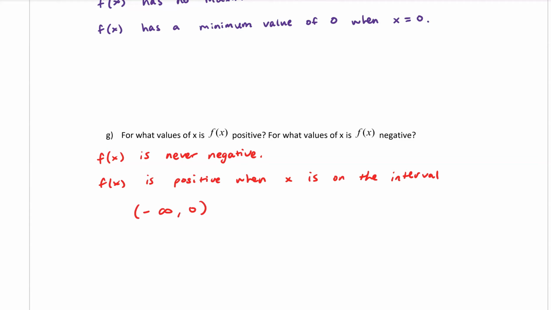And because I have a parenthesis here, that indicates that we are not including 0 in our interval or in our set. Union 0, comma, infinity. And so just as a reminder, this means basically all numbers, all real numbers other than 0.